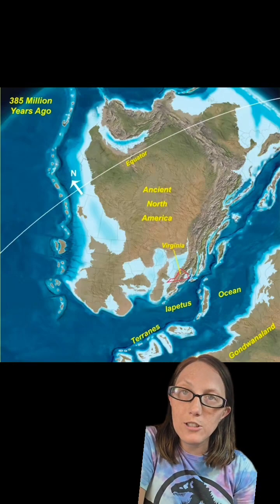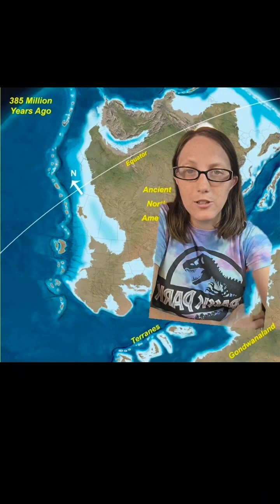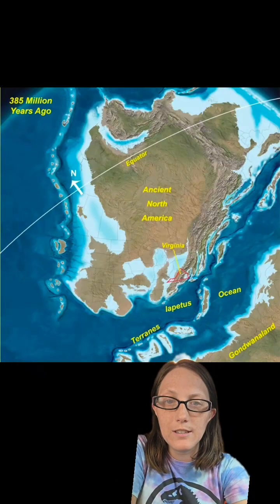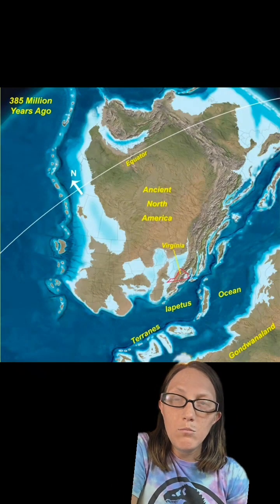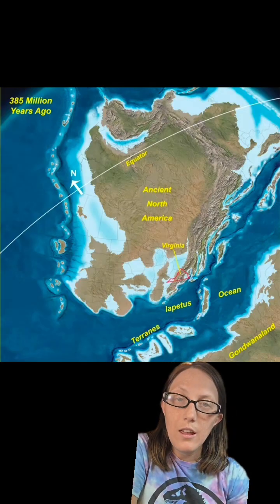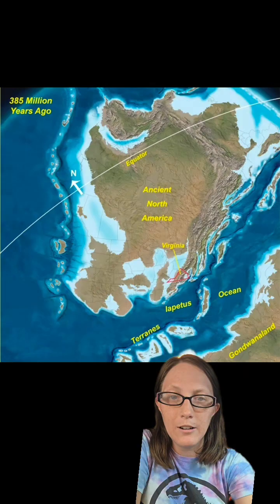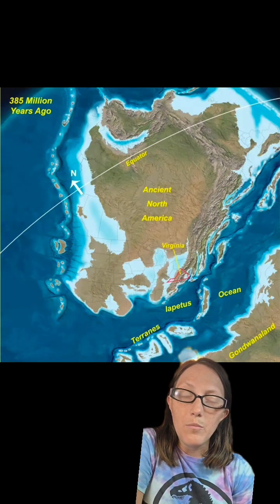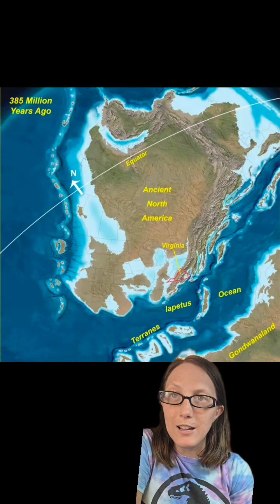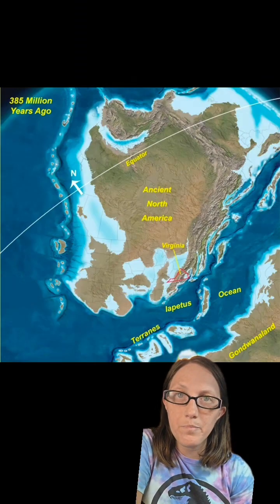The Acadian Orogeny happened along a strike-slip fault between paleocontinents Laurentia, right here, which consisted of most of North America, Greenland, and northern Britain, and Avalonia, which is all these little islands right here, which is the rest of North America and Britain, plus northern Europe.